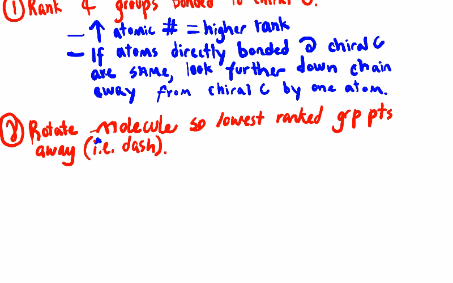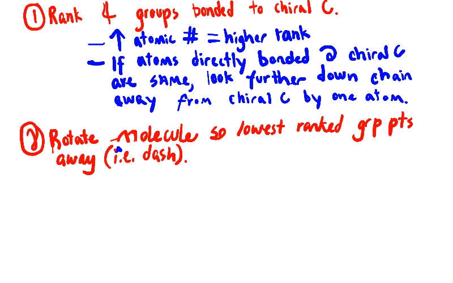And then we come to our third point here in assigning the chirality of this molecule as R or S. What we're going to do is draw a circle starting at the highest ranked group and continuing to group 2 and group 3. And we're going to determine whether that circle that we're drawing goes in a clockwise or counterclockwise direction.